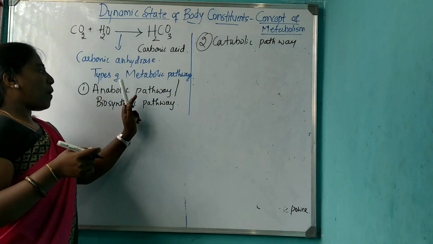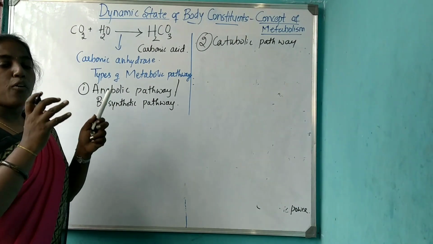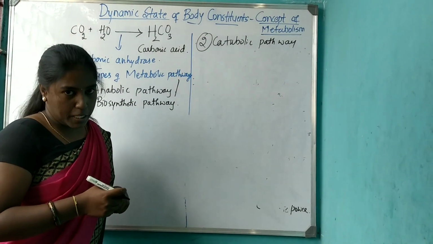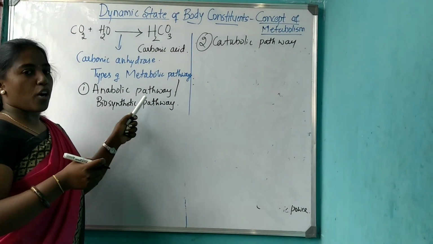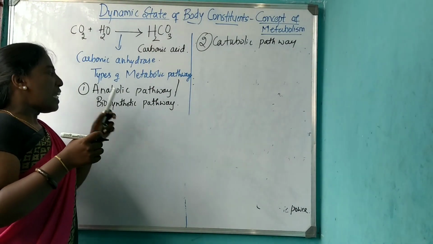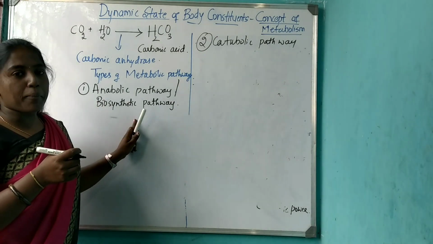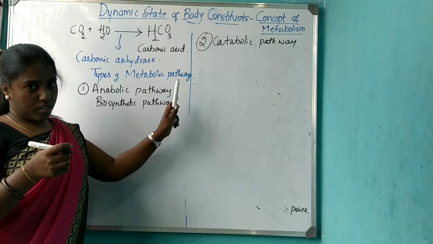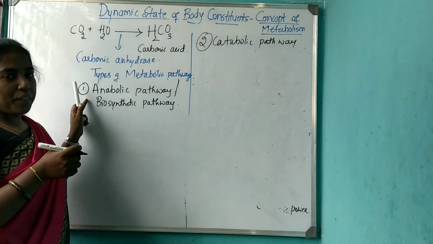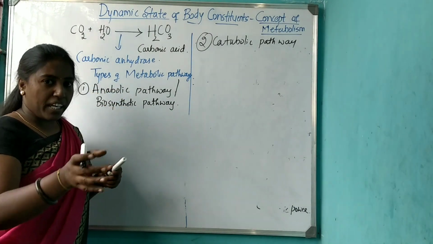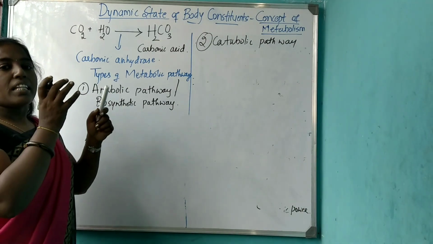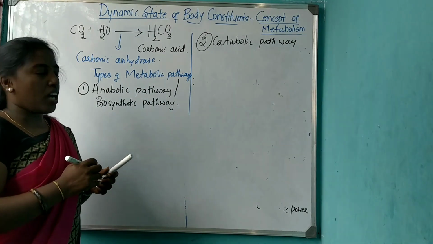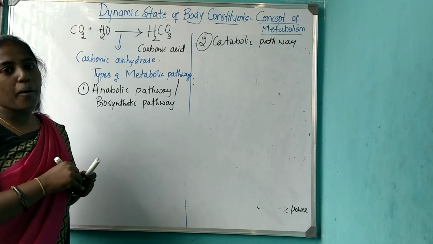The anabolic pathway is where the formation of complex biomolecules takes place. The formation of complex structures takes place. Such a type of metabolic pathway is called an anabolic pathway. I can define the anabolic pathway as a type of pathway in which simple structures combine to form a complex structure.